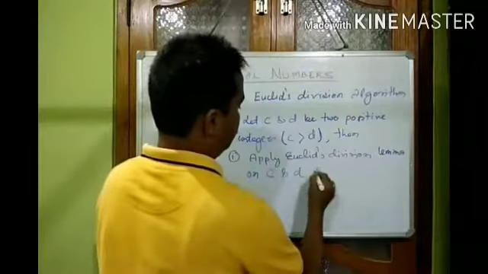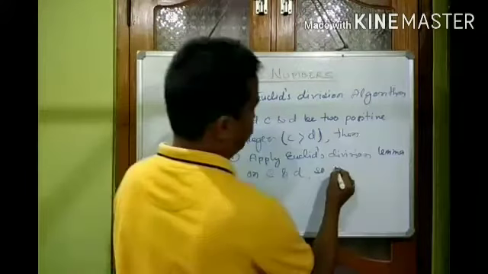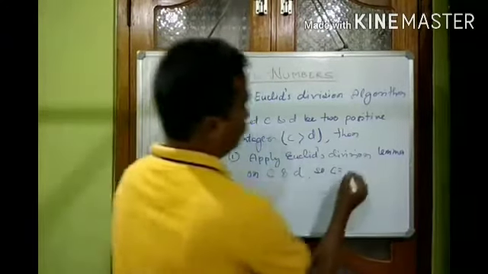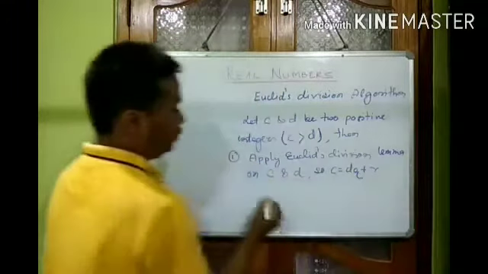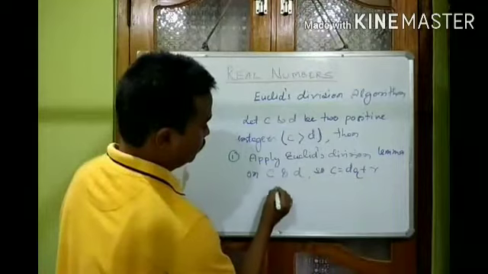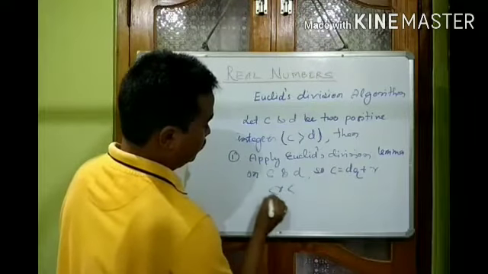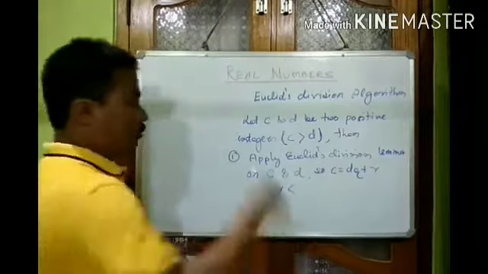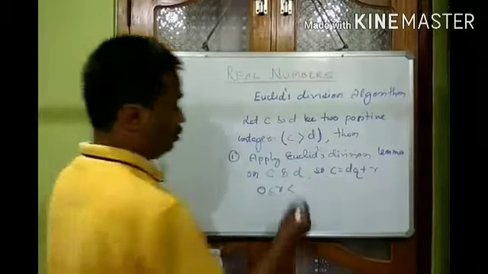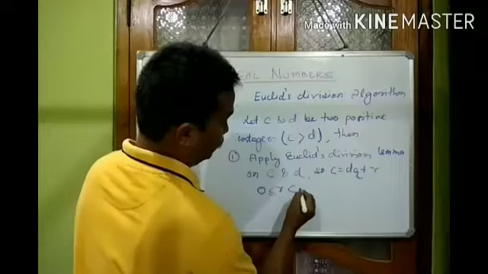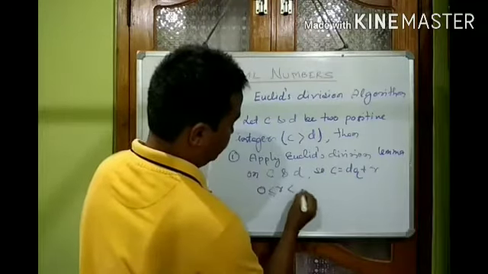So we can write c equals dq plus r, where r is greater than or equal to 0 and it is less than d.